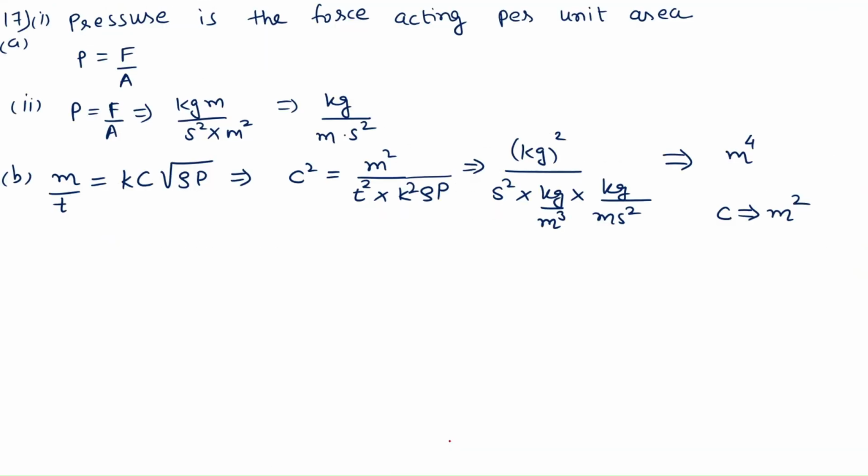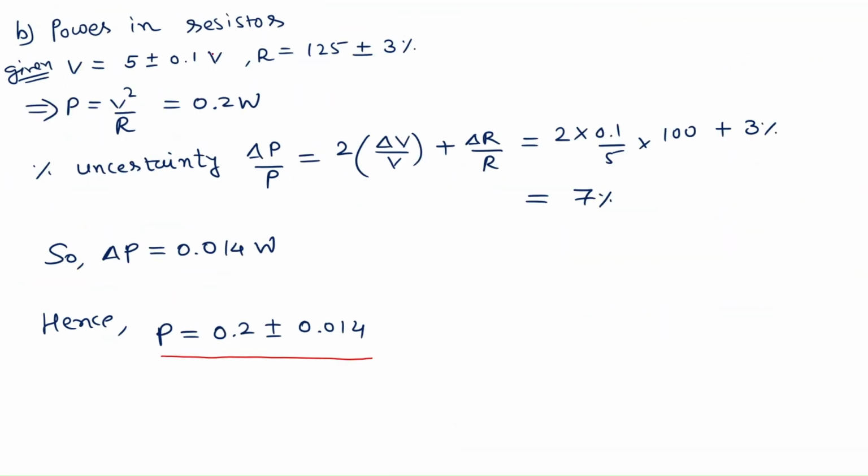Now you have to first find the absolute value of power. So we have V as 5 and R as 125. And remember the formula of power, which is V square upon R. There are other formulas like I square into R, and IV is also a formula of power.